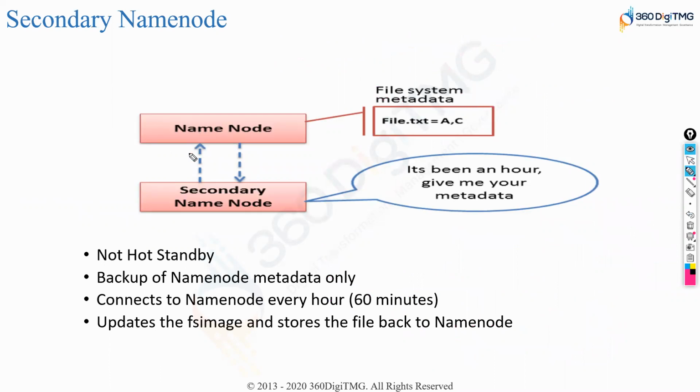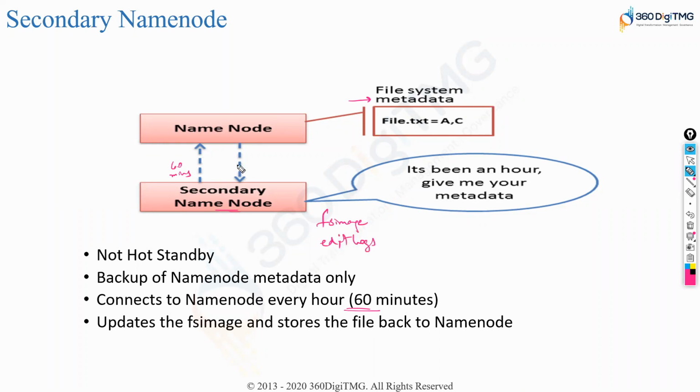It copies from name node at every 60 minutes. That's the standard. Every 60 minutes, it connects to name node. Remember, in the name node, we have metadata, right? We bring that metadata to secondary name node. What does that metadata have? Two files, fs image and edit logs.